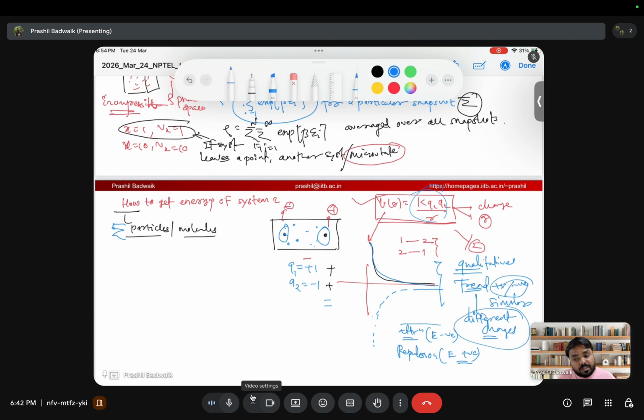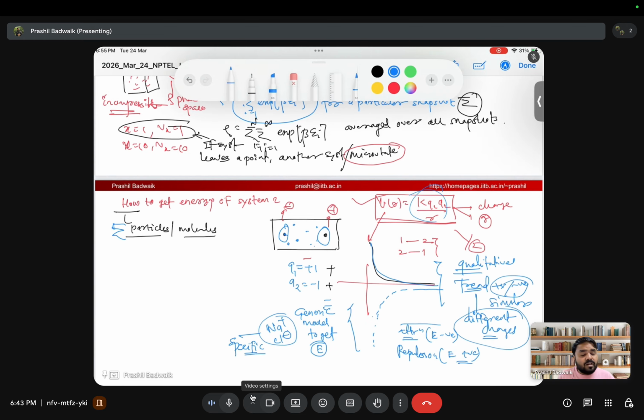This is something called a physics-based model, and these are referred to as generic models to get the interaction energy E. But if I say I have a positive charge as Na and a negative charge as Cl, this is specific.